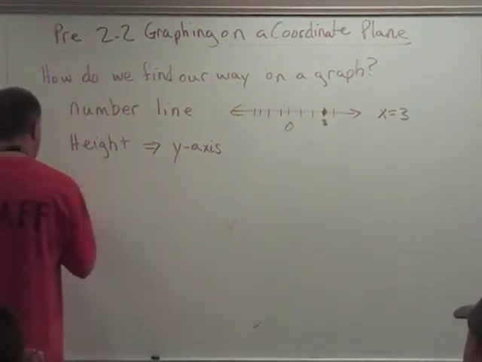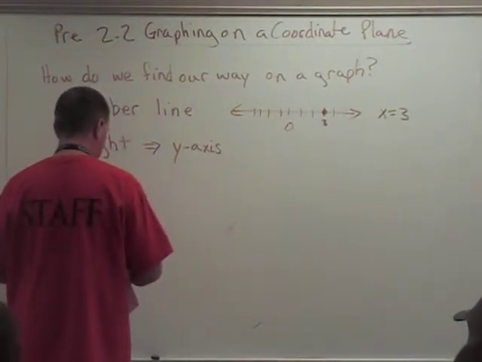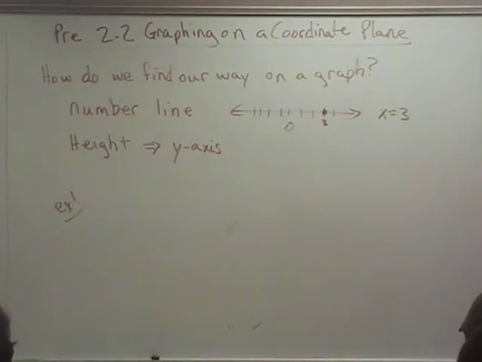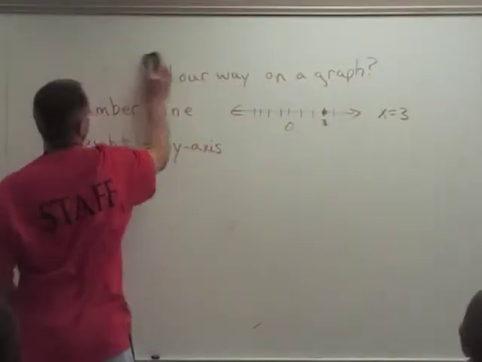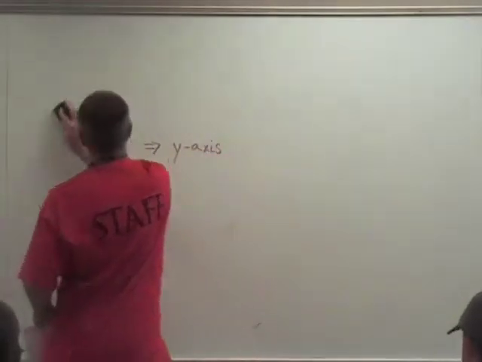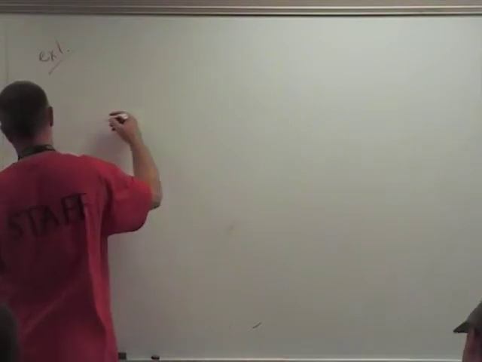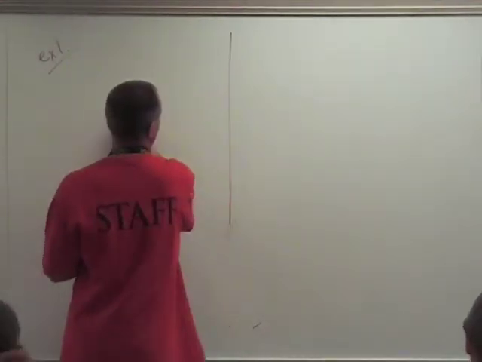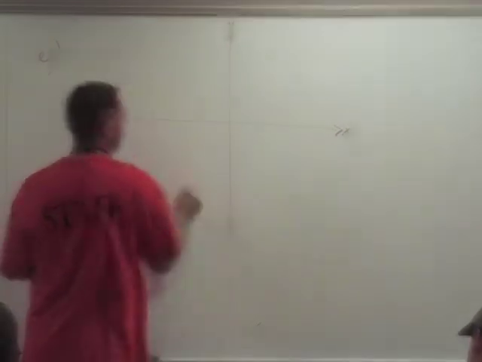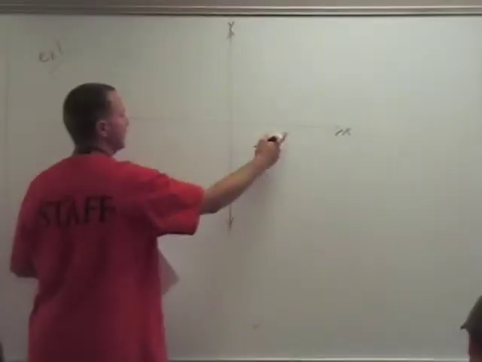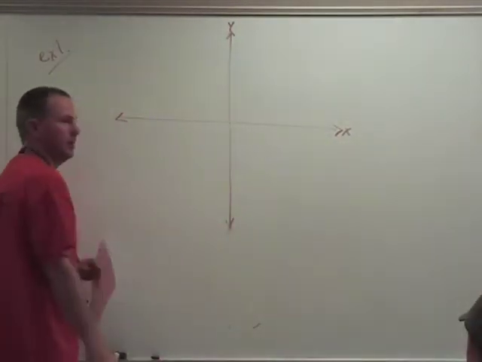So, example 1. Let me erase this and we'll draw bigger graphs. It's easier to see. Example 1. That's x, that's y. We put arrows on it to make sure everybody understands that it goes forever that way, this goes forever down that way.